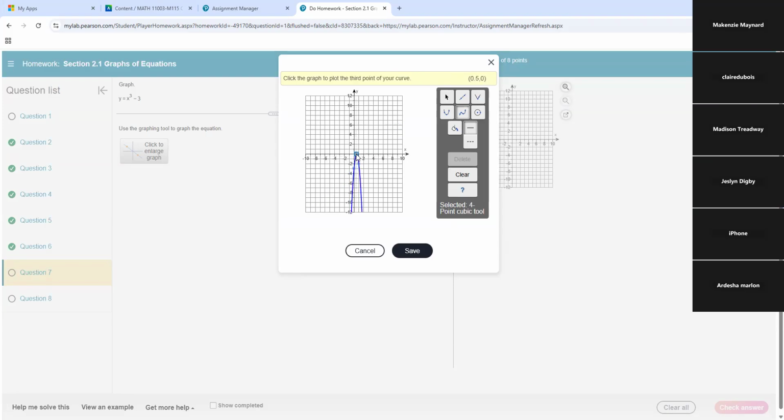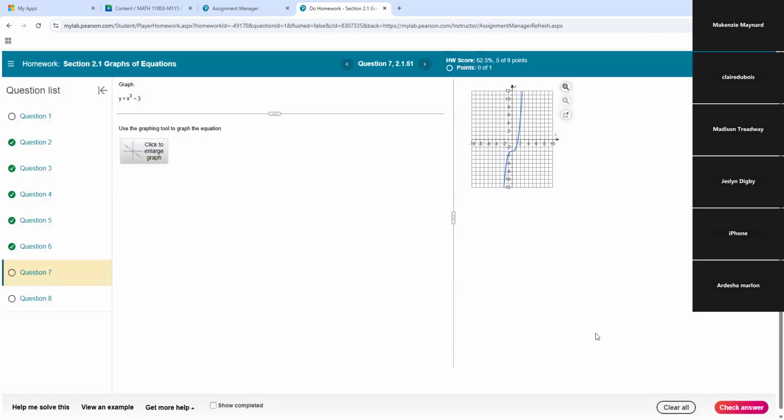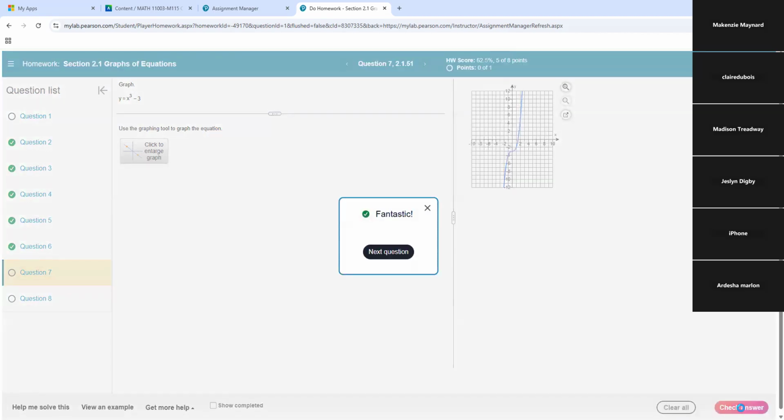I had right 2, up 5. And then I had a -1, -4. And it makes that little squiggly line for us. So save that and then check your answer.